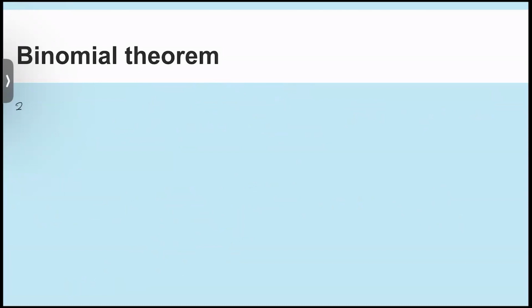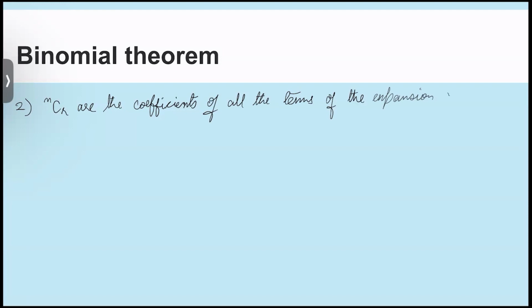Now the second observation is that all the coefficients nCr are the coefficients of all the terms of the expansion, and they are known as binomial coefficients.